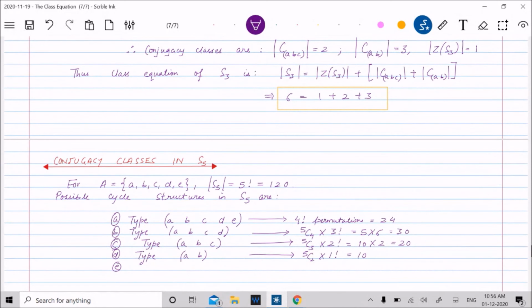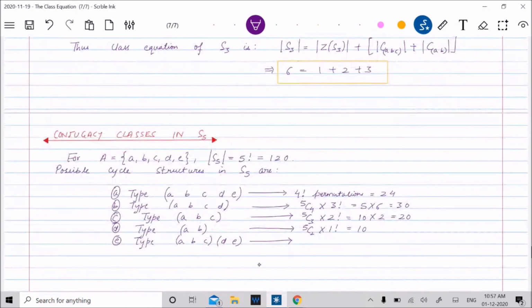Mridul, am I right? Is it possible that you have a cycle type of this form, A, B, C, and then you have D, E in a separate cycle? Is this category possible? Yes or no? Yes, sir. Okay, tell me another category. One is left.